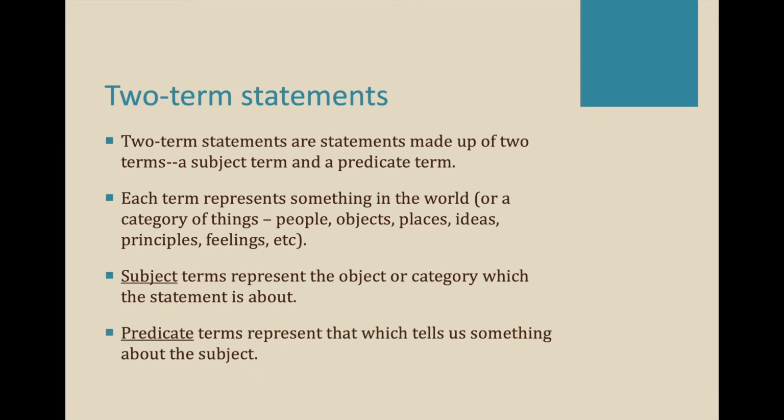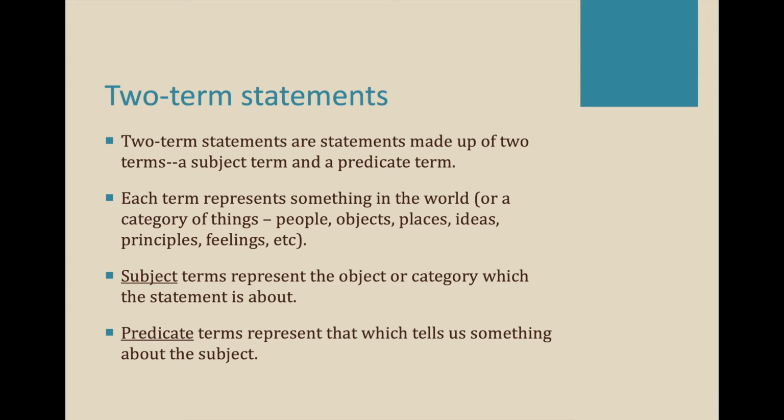And the predicate term represents that class or category of objects, things, ideas, people, etc., that tells us something about the subject term. That is, it relates to the subject term in a certain way. It tells us that what we know of the predicate term is or is not true of all or some of the subject term category.